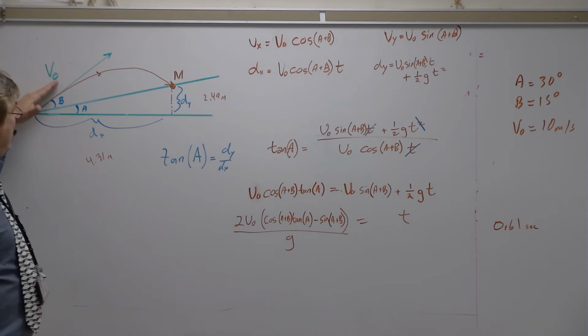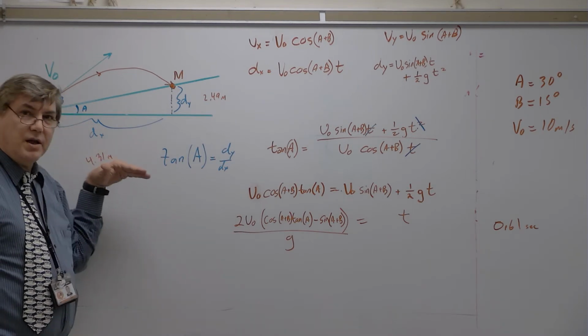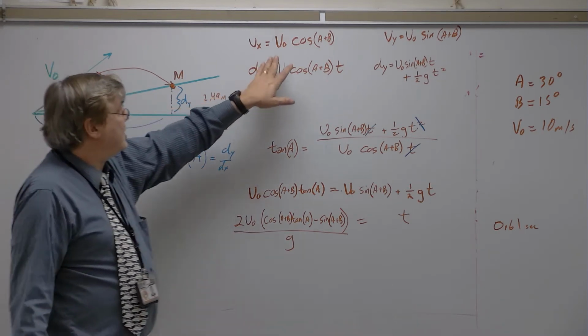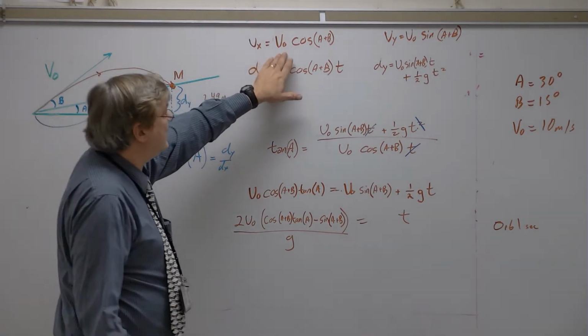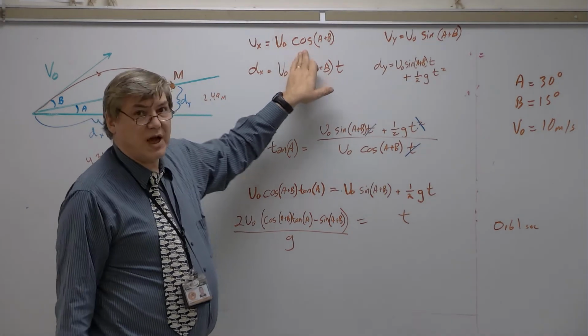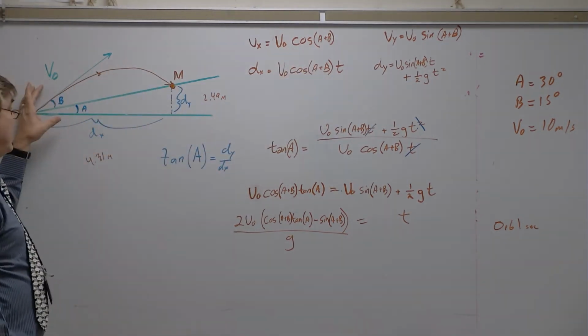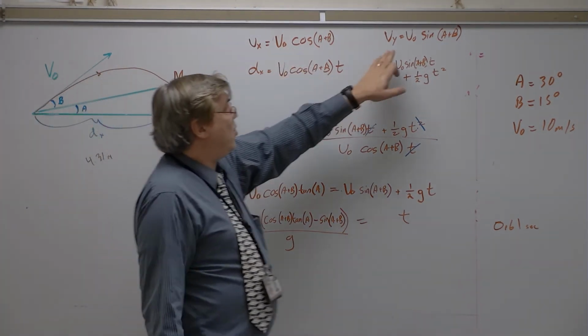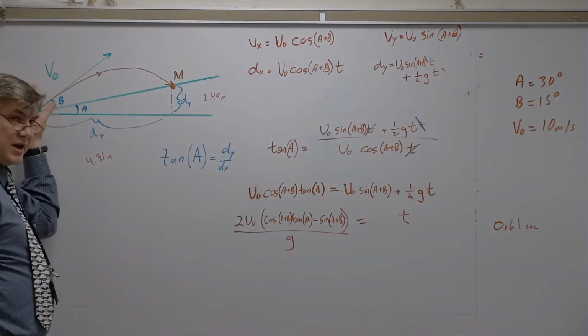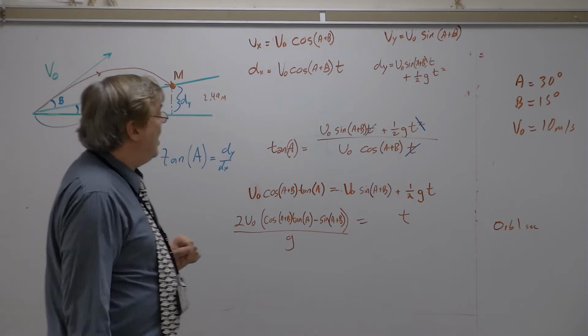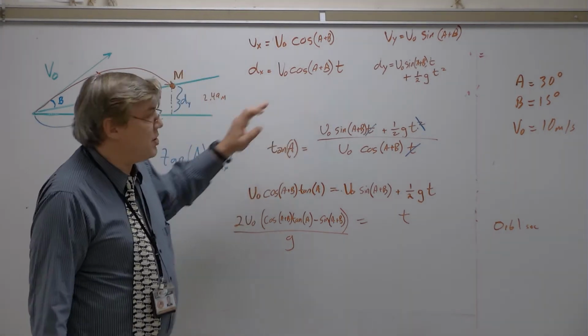With my V naught here, I can calculate my velocity in x. My velocity in x is V naught times the cosine of the sum of these angles A and B. And Vy is V naught times the sine of the sum of these angles A and B. I also know my distance that it's going to travel in x.